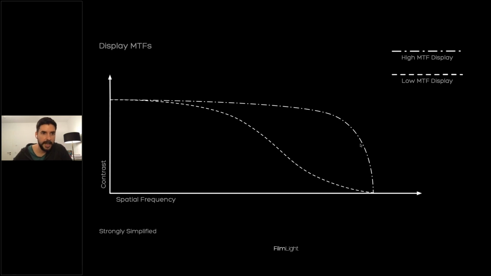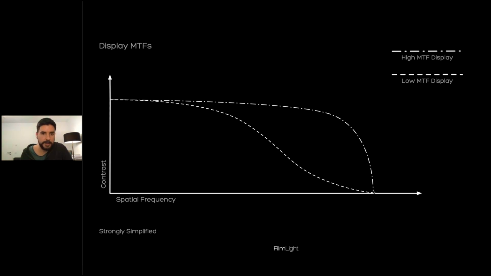So MTF is a modulation transfer function. And so this describes basically, I would say, maybe the spatial properties of a specific system, and in this case, displays. So what I'm comparing here is a high MTF display.